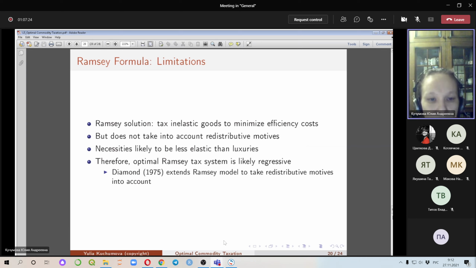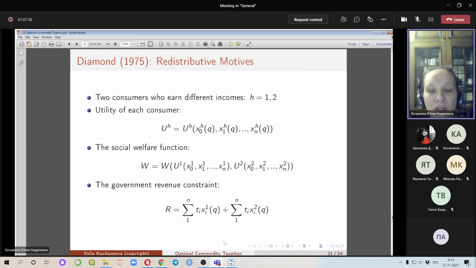This was first done by Diamond. He extended the Ramsey model to take redistributive motives into account. And this is a simple model of how to do that, right? So let us consider not just the representative consumer, but two consumers who earn different incomes.